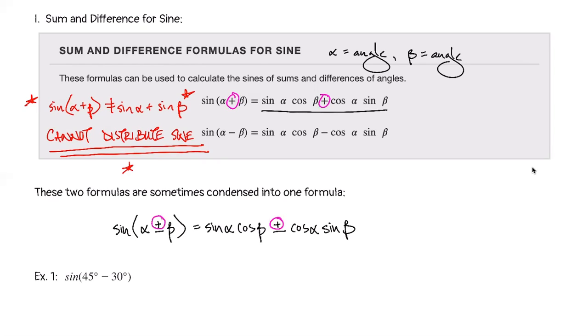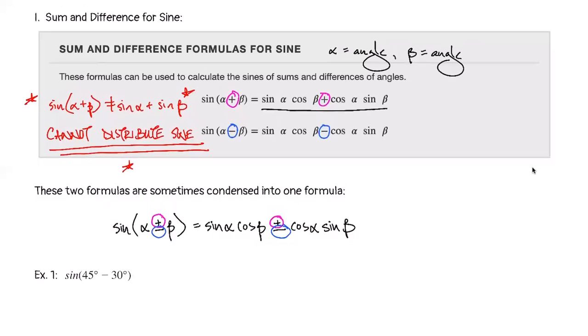However, if I wanted to read the minus sign on the left-hand side, I would need to use the minus sign on the right-hand side. Okay, so minus and minus. All right, any questions about that part? How we have the plus plus and the minus minus?